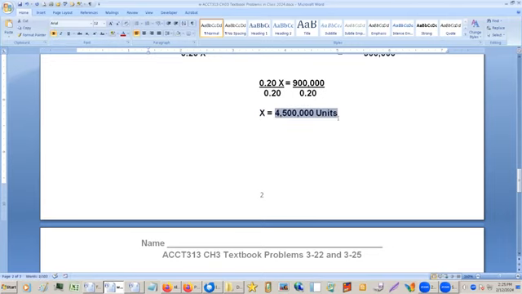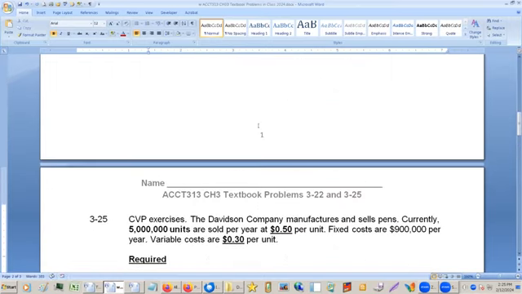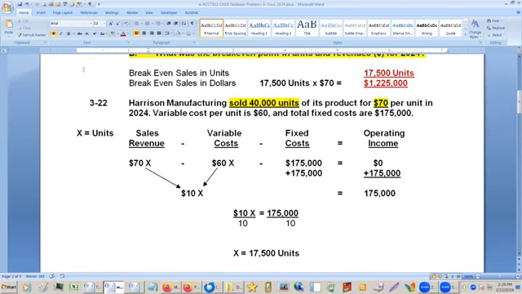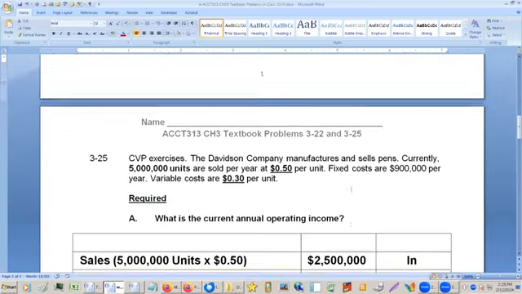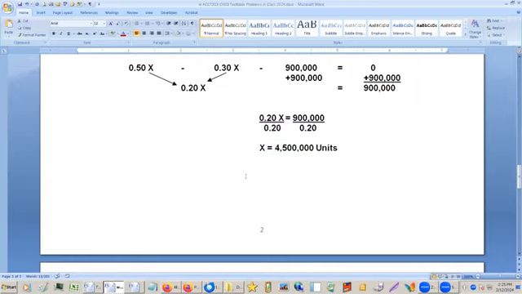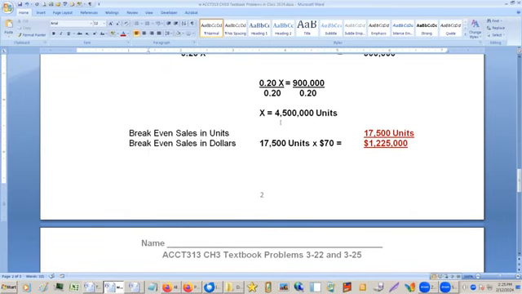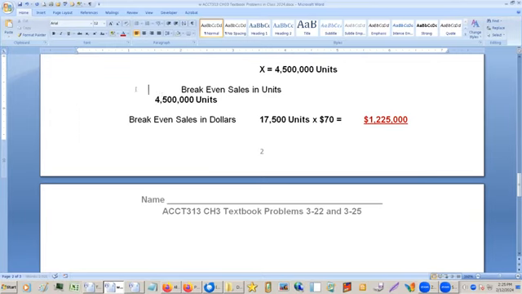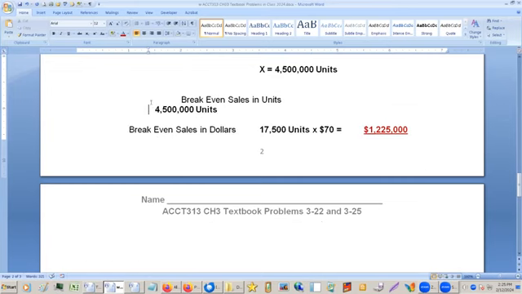And again, we knew it was going to be less than 5 million. Oh, wait, I got to put this down here. Okay, so break even in units is 4,500,000.